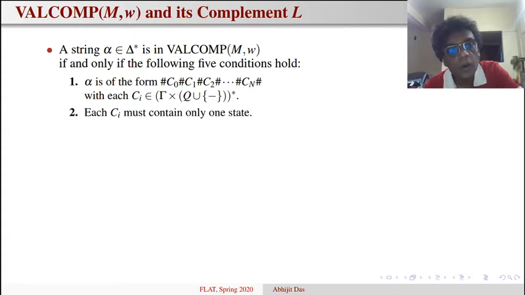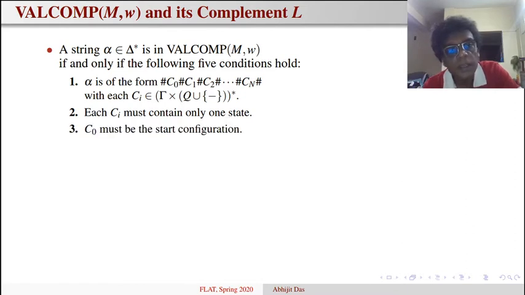Second, each Ci must contain one and only one state, not multiple states. So one unique element of Q will come on the bottom track only once, and all other things will be minus on the bottom track. That is the second condition.